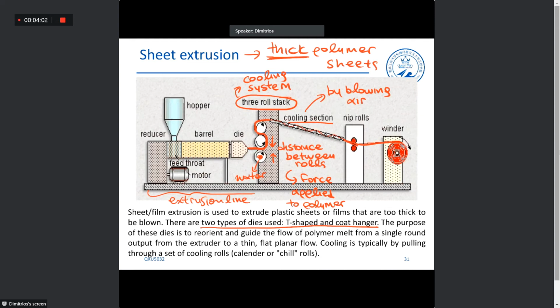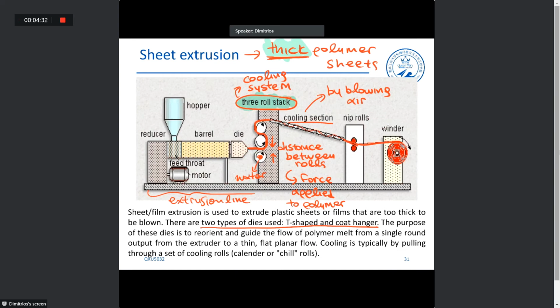So if we want to fabricate thick polymer sheets, and I repeat, thick is the keyword here, we use sheet extrusion. And how does sheet extrusion take place? Essentially, at the end of the extruder, we have this three-roll stack where we guide our polymer melt through the three-roll stack in order to form a polymer sheet, a polymer layer, a polymer film.